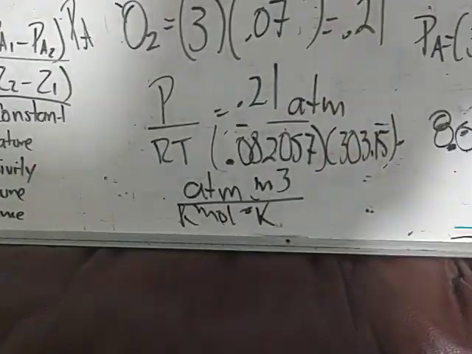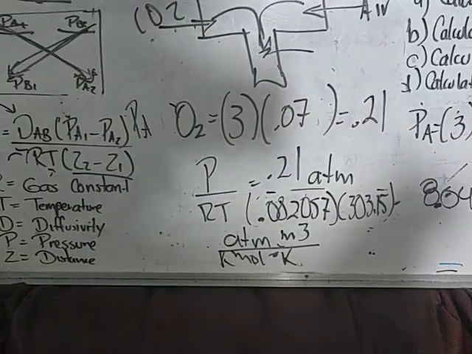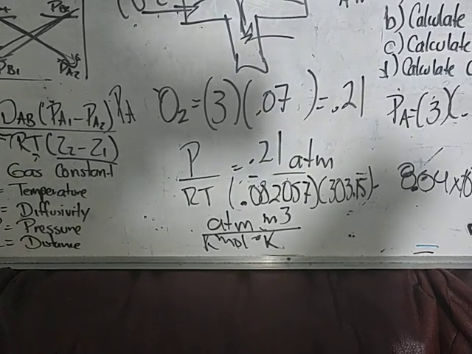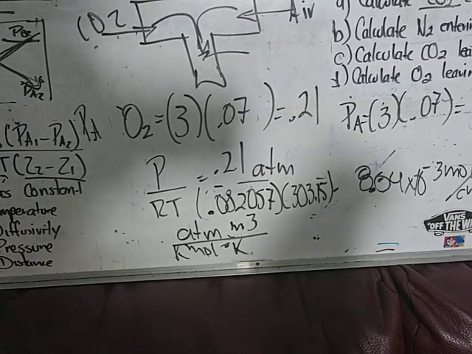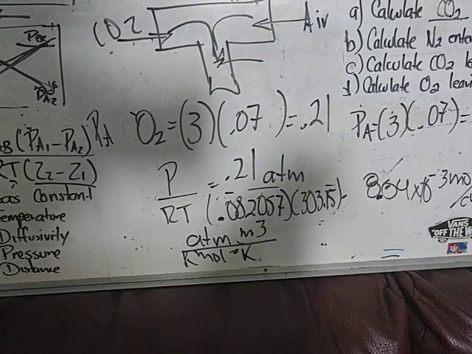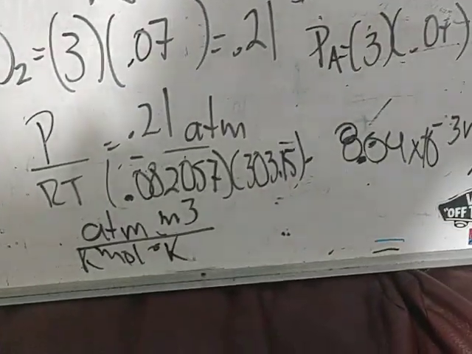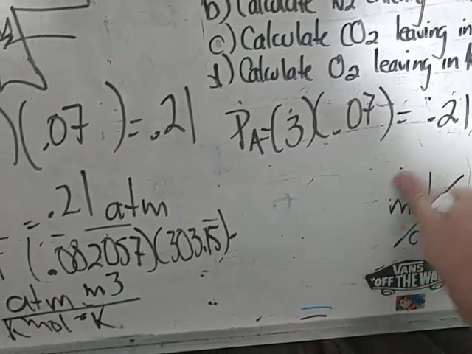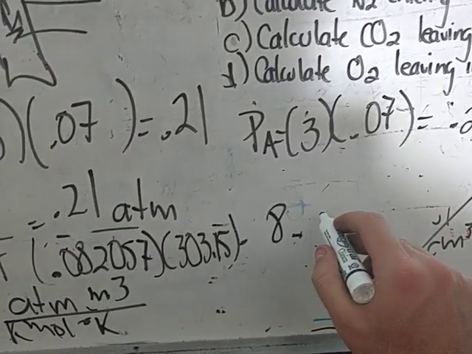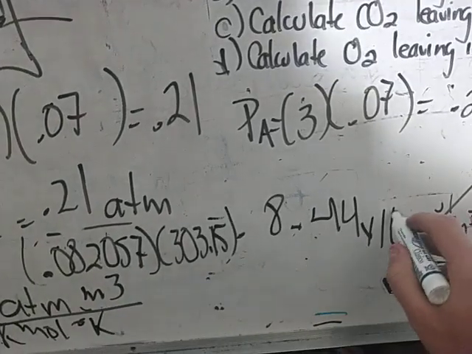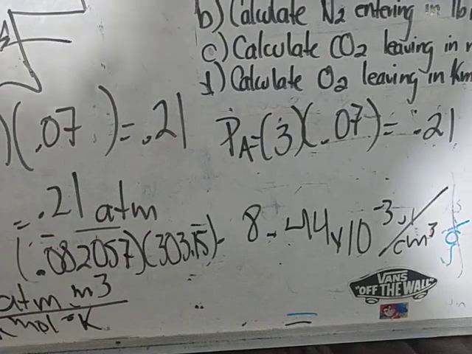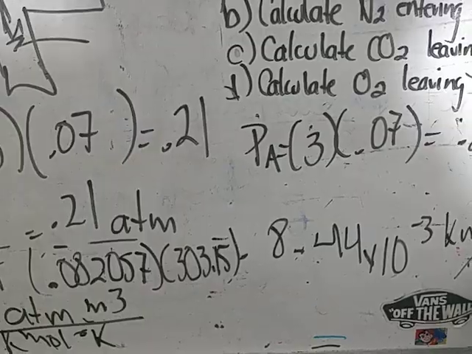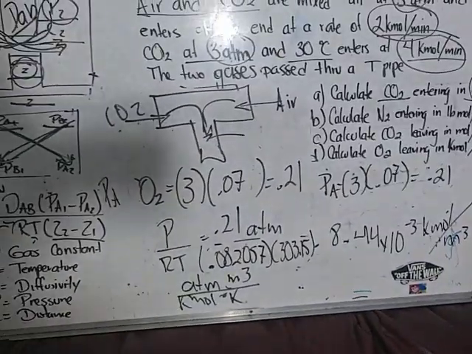Well, knowing this, we can do the operation, and it's going to be simple. We're going to obtain the result for the part 4, and the result is going to be 8.44 times 10 to the minus 3 kilomole per cubic meter. And that's the way we answer the first exercise.